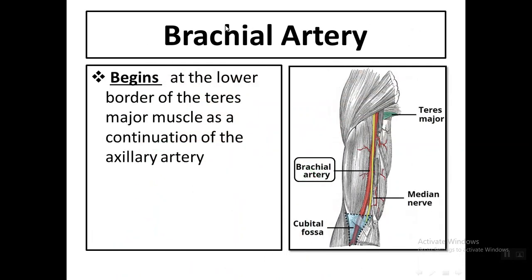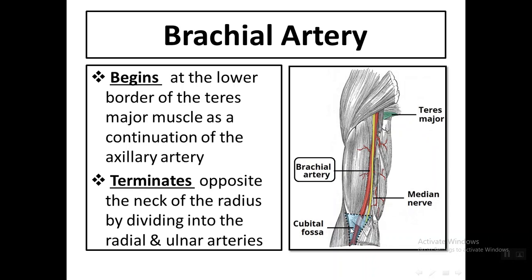What is the blood supply of this compartment? It is through the brachial artery. The brachial artery is the continuation of the axillary artery. At the lower border of teres major, the axillary artery will continue as the brachial artery.